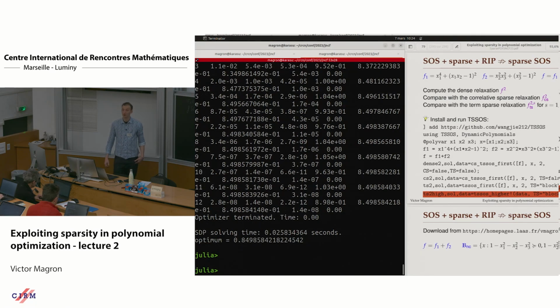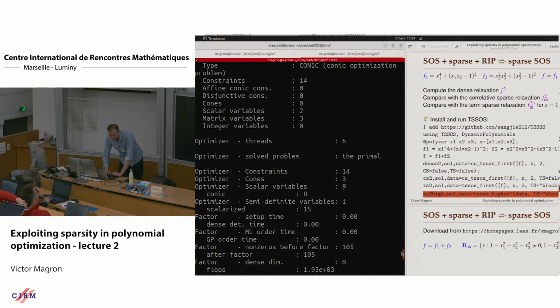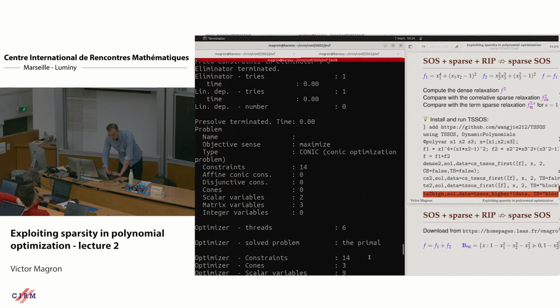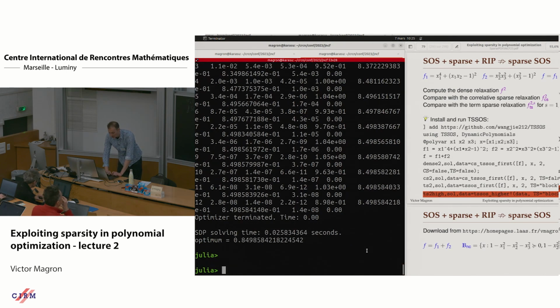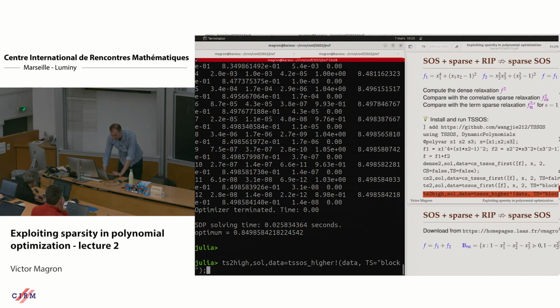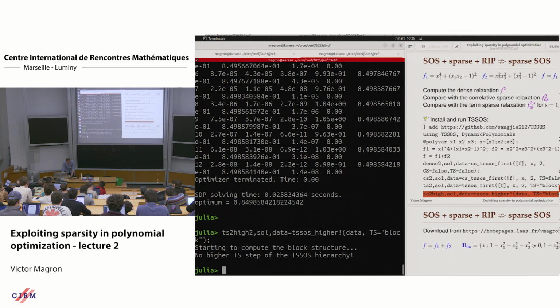Then I get the same bound, but I have a sparse decomposition, and I have only 14 constraints instead of 35 in the dense case. And then you can still go higher if you want, or not. And then the solver tells you no, you can't go higher.